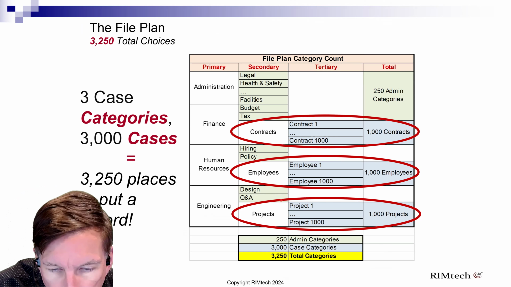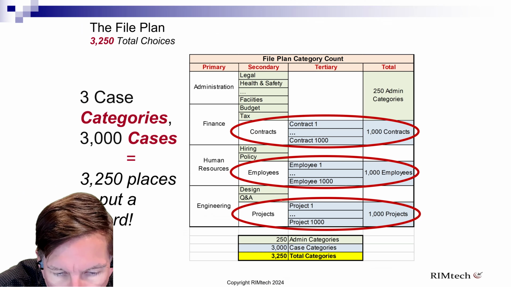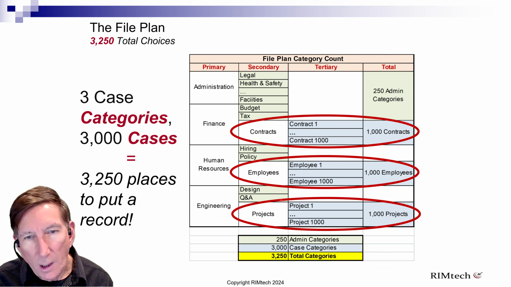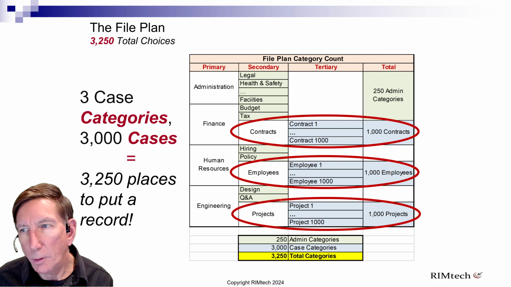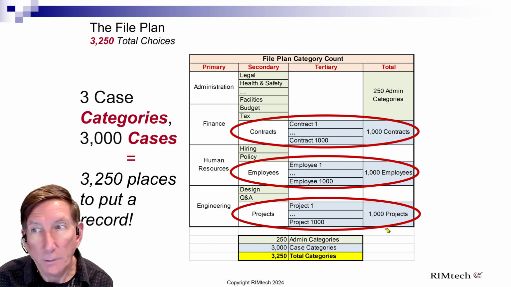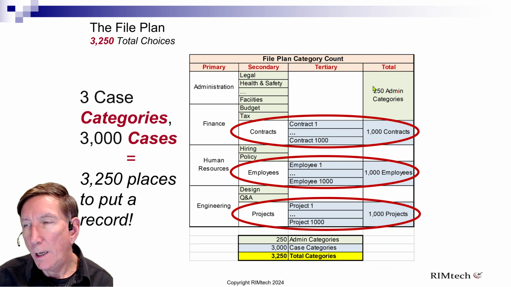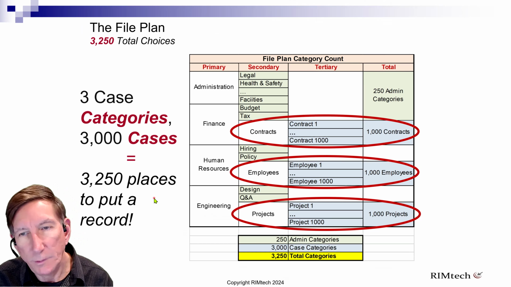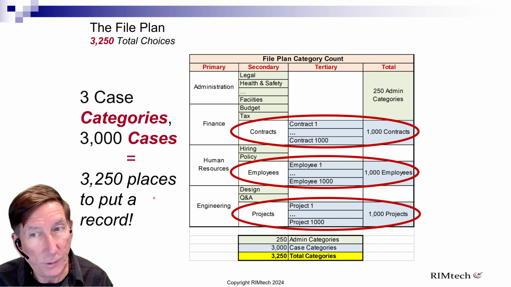So if I take 7,200 and subtract that from 12,000, I get 4,800. Out of our 12,000 records, 7,200 are being sprayed at 3,000 target places. Meanwhile, 4,800 of them are being sprayed at 250 places in SharePoint. Grand total, 3,250 different places for a record to land in SharePoint.